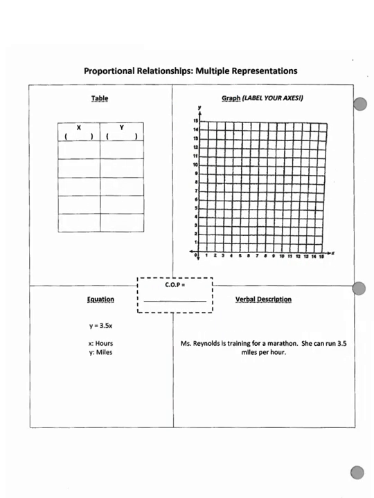The second problem gives us an equation and a verbal description about Miss Reynolds running, training for a marathon. She can do 3.5 miles per hour. So that's her COP. In our graph, we're going to put hours as our x variable and miles as our dependent variable.